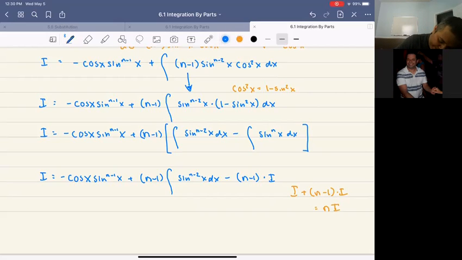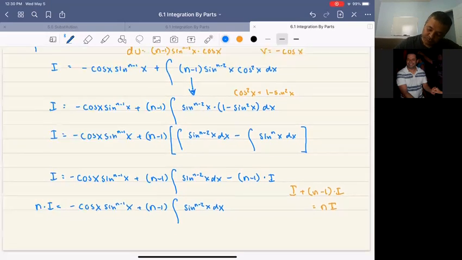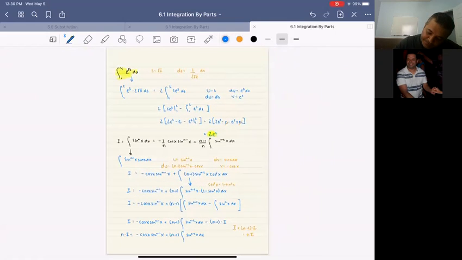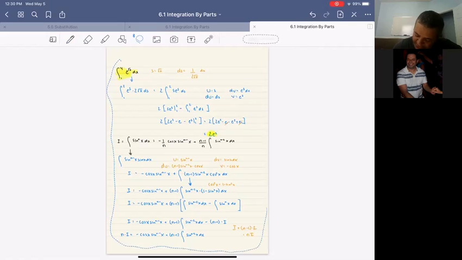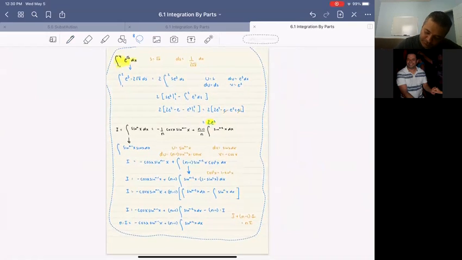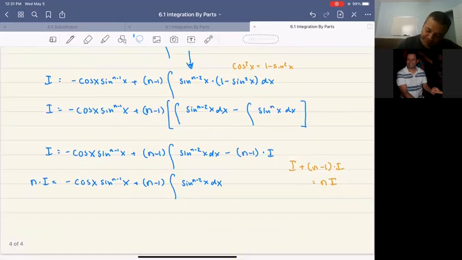So we're going to get n times our integral equals negative cosine x sine of x to the n minus 1 plus n minus 1 times the integral of sine of x to the n minus 2 dx. Let me make a little more space so that I can keep this all on one page. I, remember, is this thing.